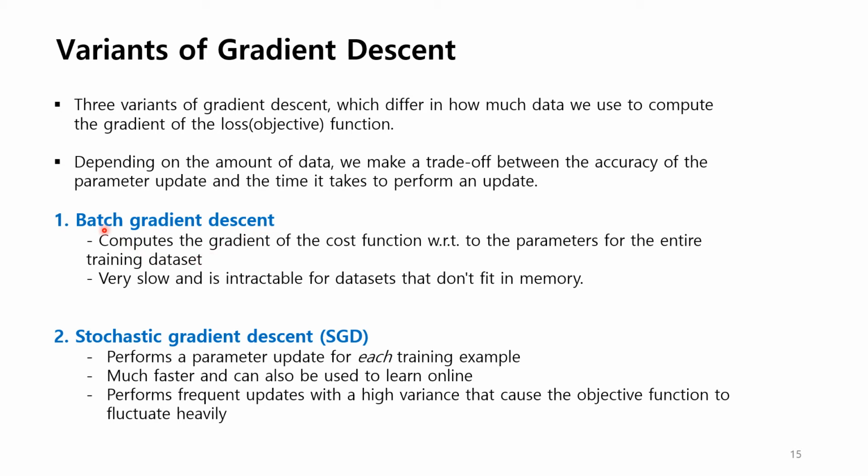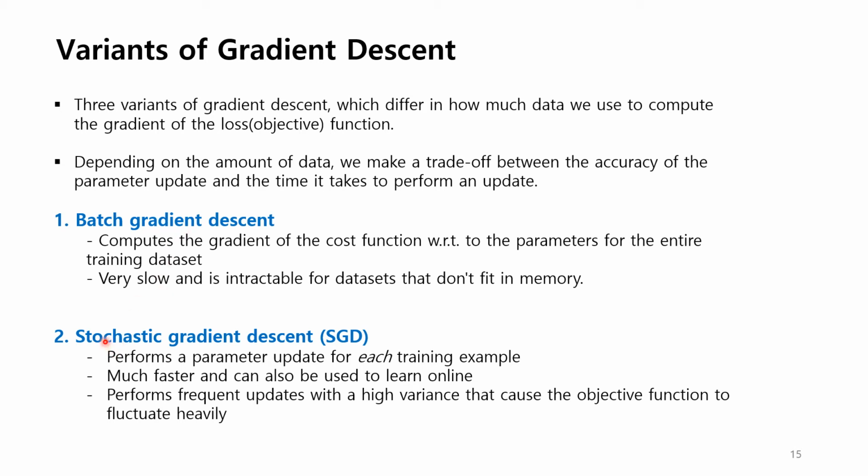But as you can imagine, this is very slow. Suppose you have lots of data, then you read the entire data and update only once. It is very slow and almost intractable. So anyway, that's batch gradient descent.